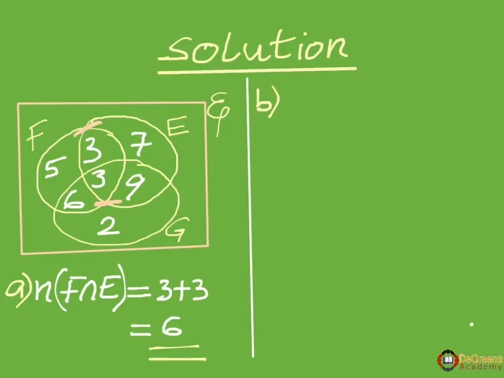And looking at the circle for French, discover that the number of students who studied French only will be equal to 5. Since only 5 students studied French without studying another subject.